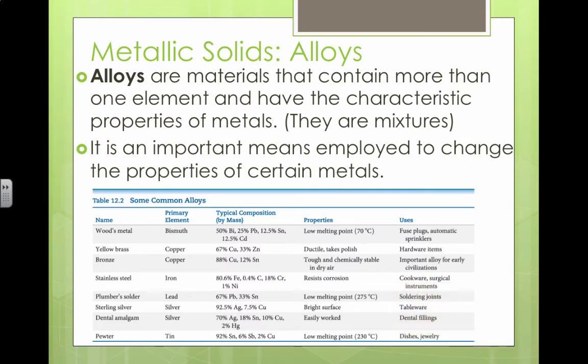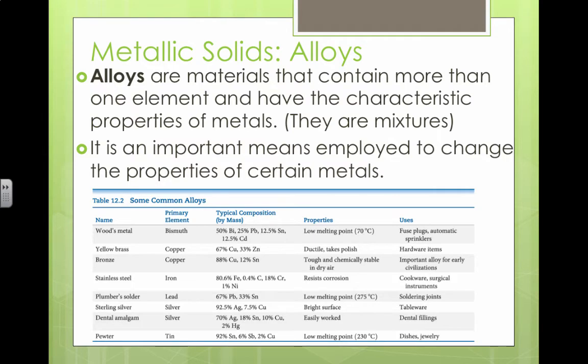So one unique application of metallic solids are alloys. So alloys are simply mixtures of metals. So they're materials that contain more than one element, but they have characteristic properties of metals. Alloys are really useful because it's one way to modify a pure metallic element.